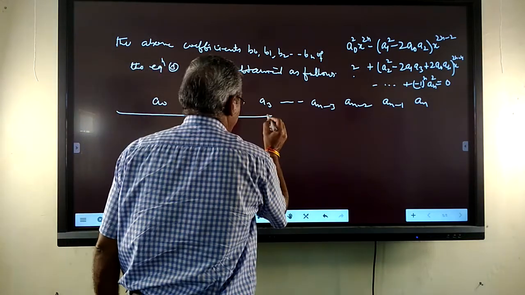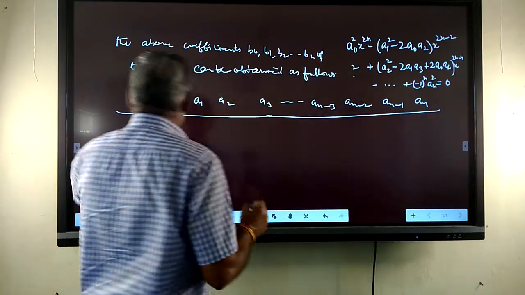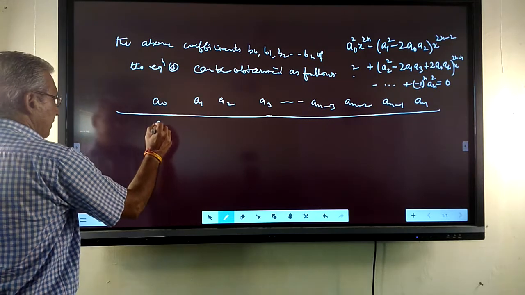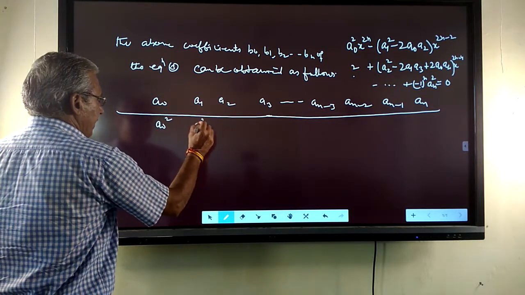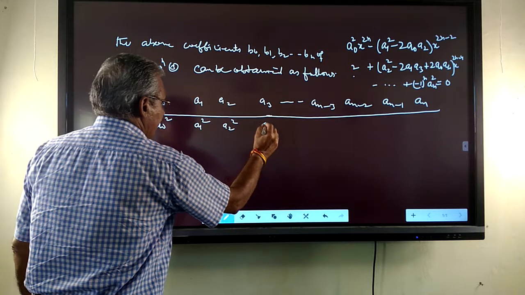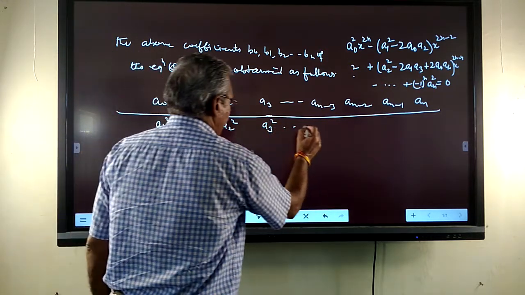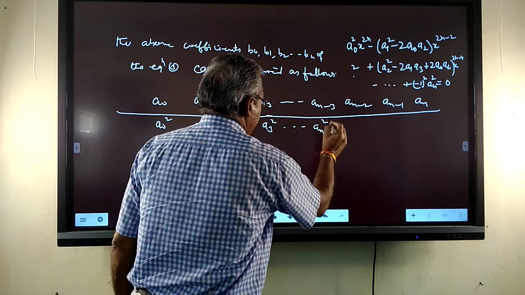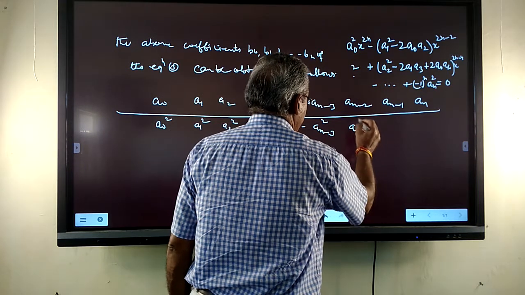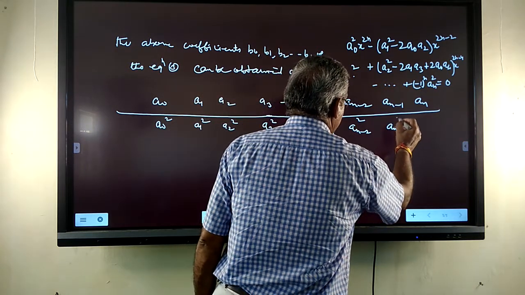Thereafter, we square these coefficients: a0 square, a1 square, a2 square, a3 square and so on, a(n-3) whole square, a(n-2) whole square, a(n-1) whole square.